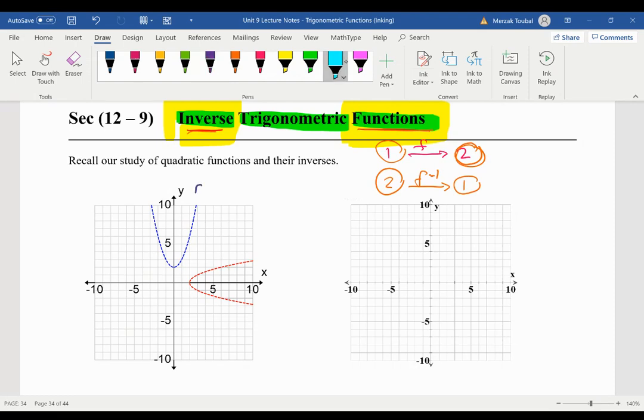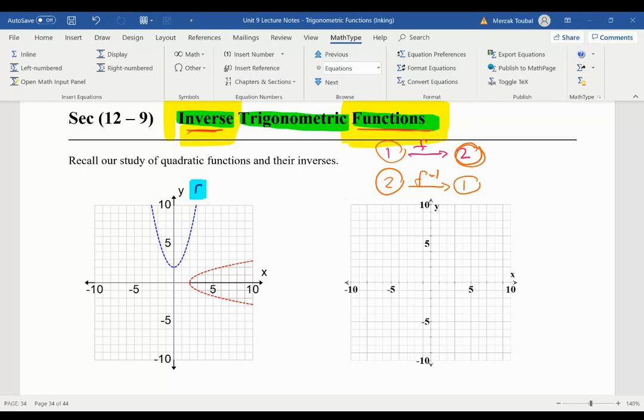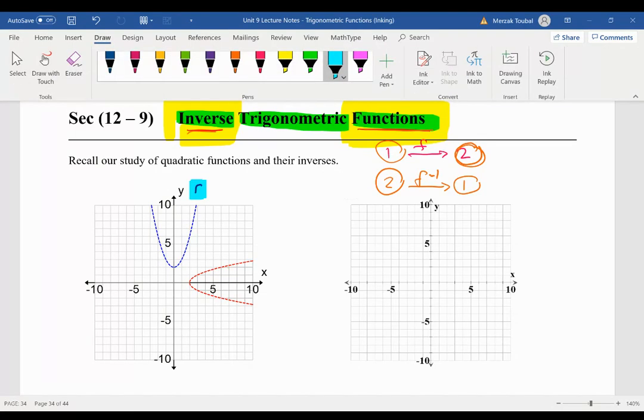Let's call this function f. Now I'm going to put a restriction on f. The restriction would be that I want to study this function only from 0 to infinity. It means I'm putting a restriction on the domain, which would be the x values. So I'm just going to focus on x values from 0 to infinity, so half the curve.